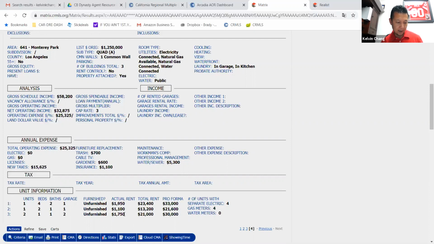Then I subtract the expenses. I'm going to subtract 15,625 for the property tax, 600 for the gardener, 700 for trash, 1,100 for property insurance, and 5,300 for the water usage.